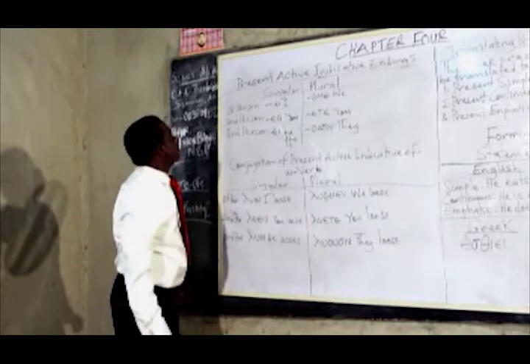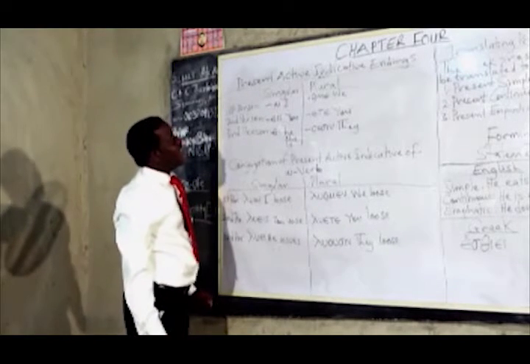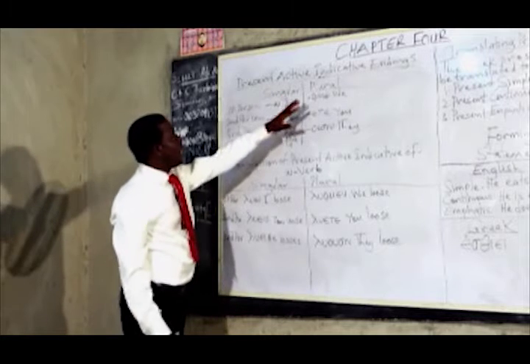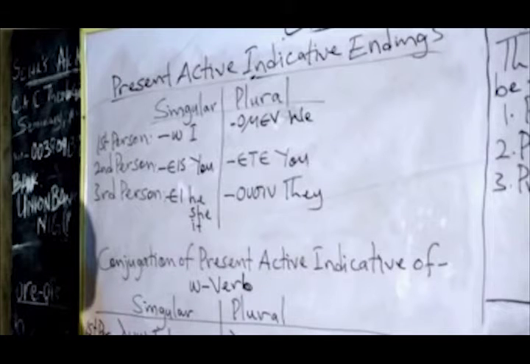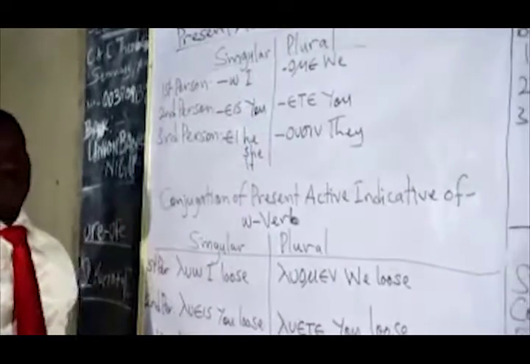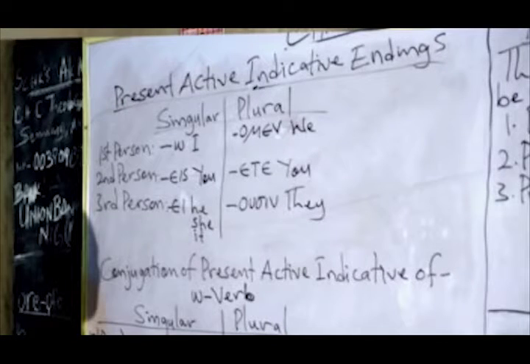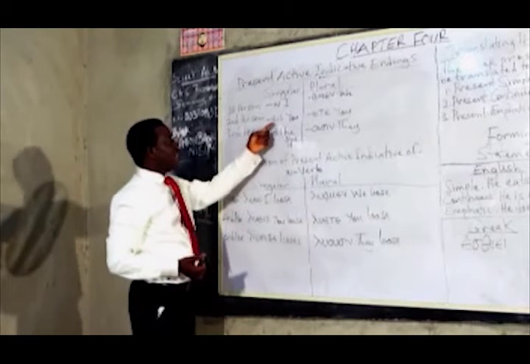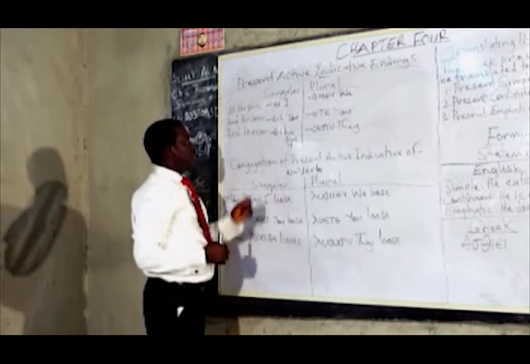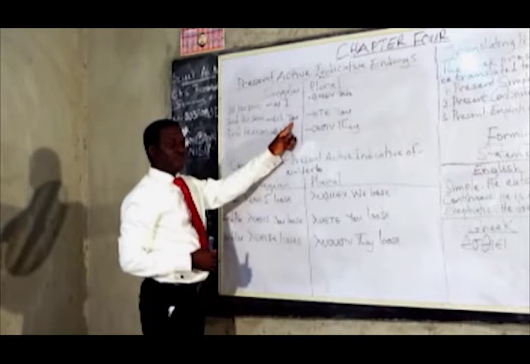Now we look at the present active indicative endings, singular and plural, first person, second person, and third person. In the first person, singular, we have O, and O stands for I on the end of the verb. The plural is omen, which means we. In the second person, the singular is eis, which stands for you singular.